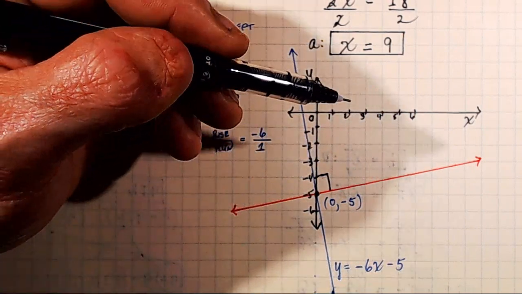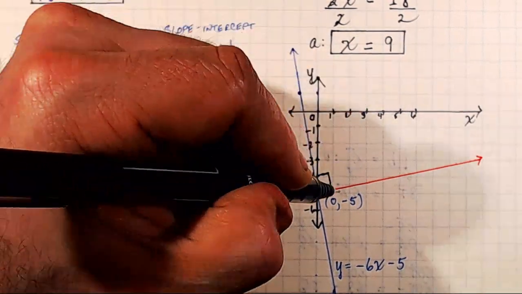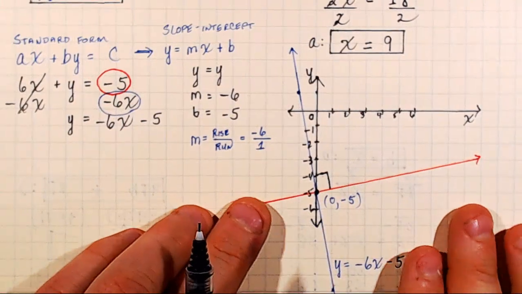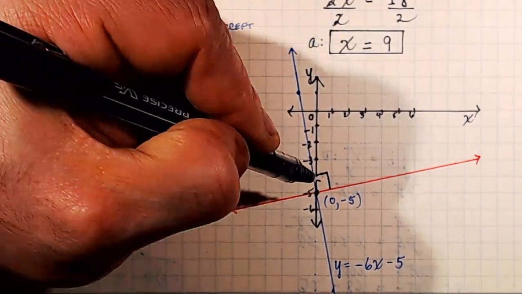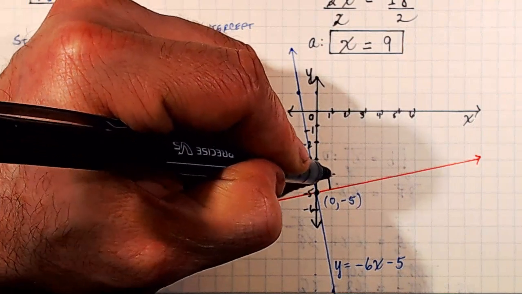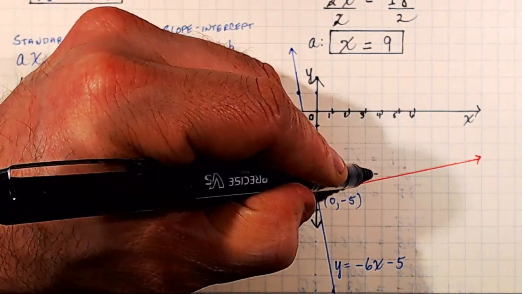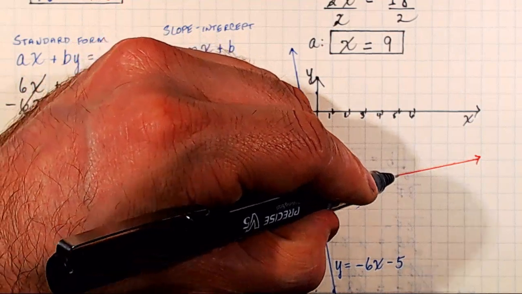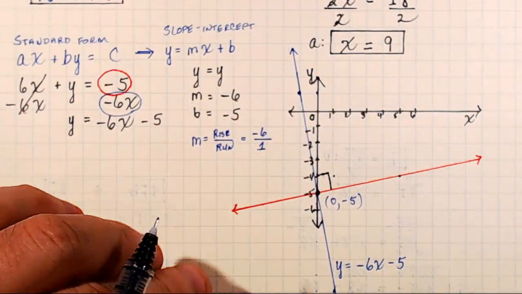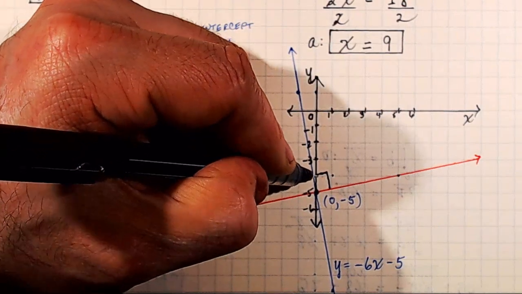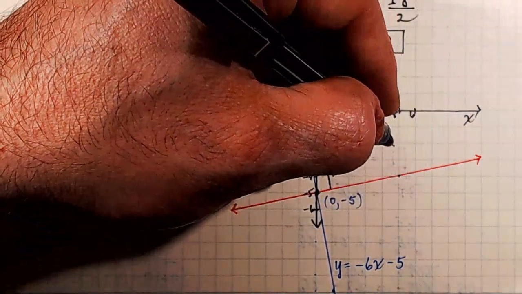We'll do rise over run. It's going to be a positive slope because it's tilting up. So if I'm looking at this, I start at this point, I can go up 1 over 1, 2, 3, 4, 5. And that appears to be a point. So I went up 1 and I went over 5.